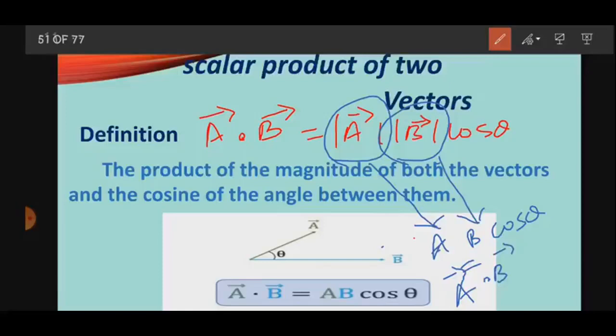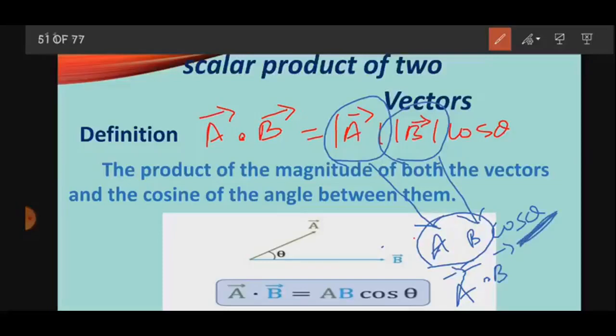This is the dot product of vectors or scalar product of two vectors. Are you clear? Okay, now tell me, how will you define the dot product of two vectors? Now see, the product of the magnitudes of both vectors, a and b, and the cosine of the angle between them, this is the cos theta. Are you clear?